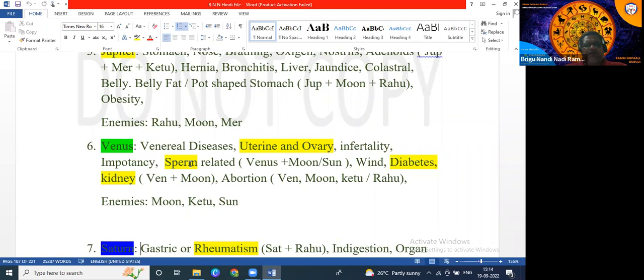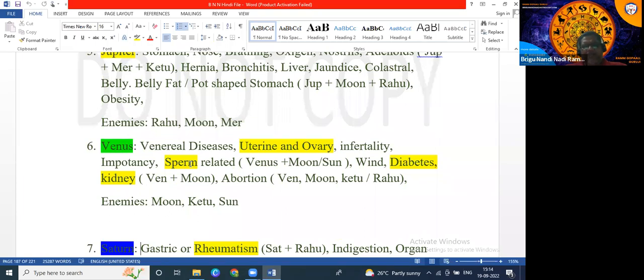Suppose Jupiter and Ketu are together, for example, as we discussed earlier, extra growth in the nose, that is adenoids. We have to remove adenoids. In a similar way, Venus and Ketu, we have to remove the uterus. And if Moon and Ketu are together, for example, when people suffer from breast cancer, the breast will be removed.